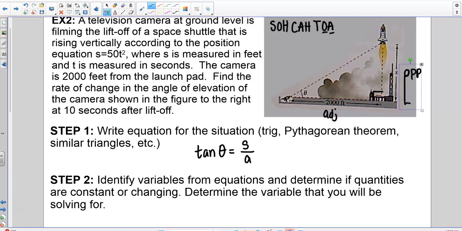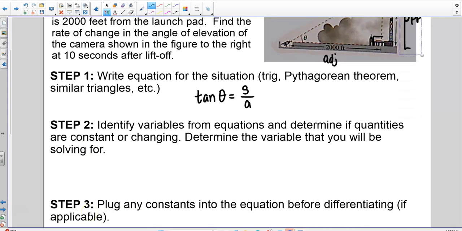We could go ahead and throw a 2,000 in there, or my steps that I've got laid out here has us throwing it in a little bit later, so I'm going to do that here. Identify variables from the equation, determine if the quantities are constant or changing. So constant, we have A, which is 2,000 feet.